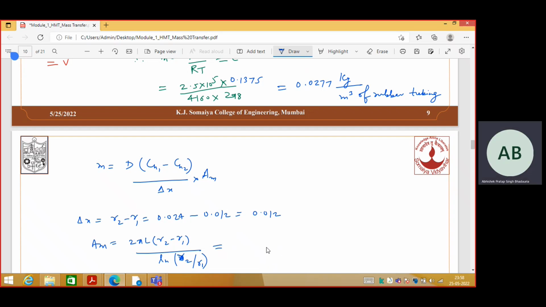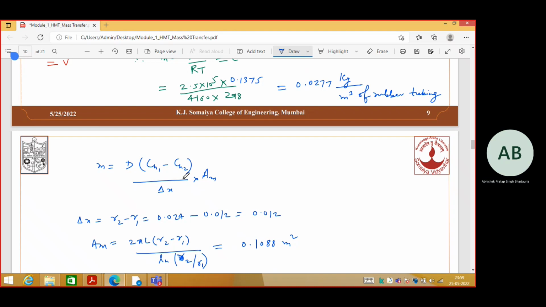We'll put all these values. We know the value of R2 and R1, so we'll be able to calculate it. The calculated value is 0.1088 meter square. Now we'll put the values in the above expression.